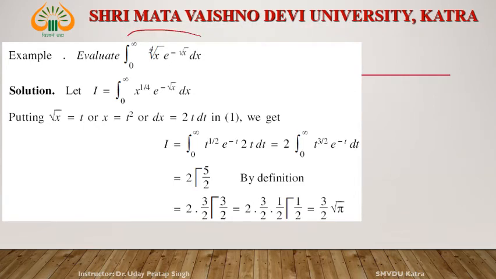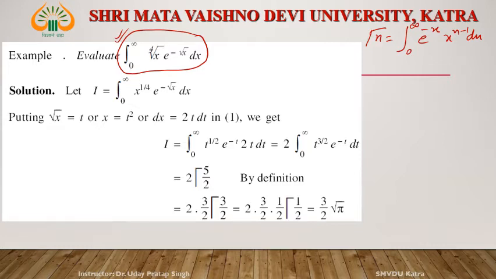See this example. First, you have to know how we solve this type of example. First you check the limit, 0 to infinity. Then you can apply the gamma function. For applying the gamma function, the integrand should be e to the power minus x times x to the power n minus 1 dx. If not, then apply some transformation.